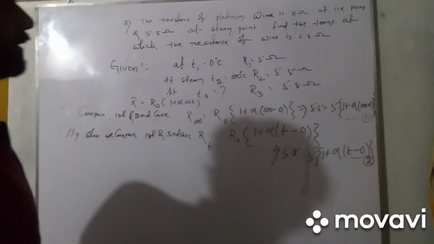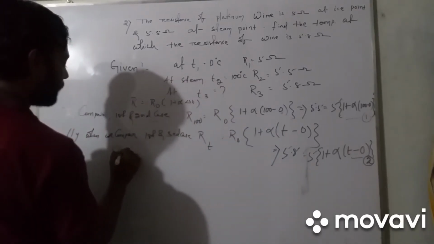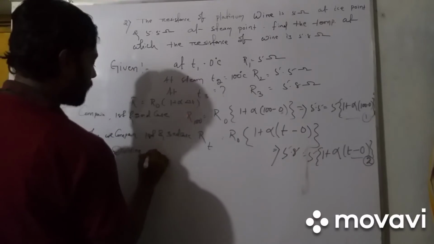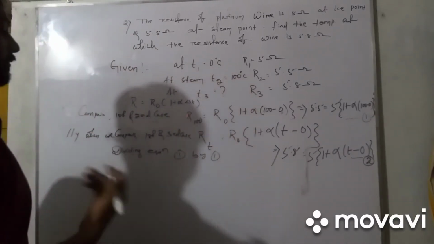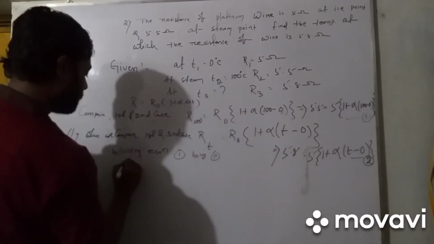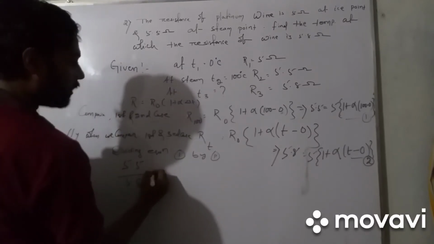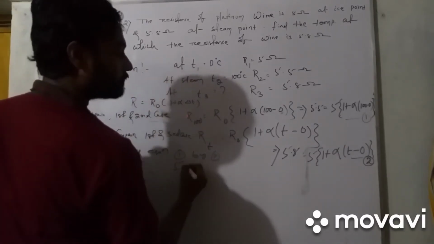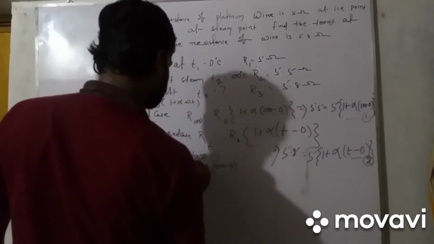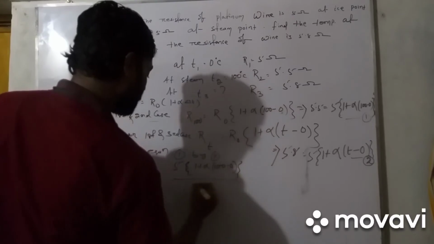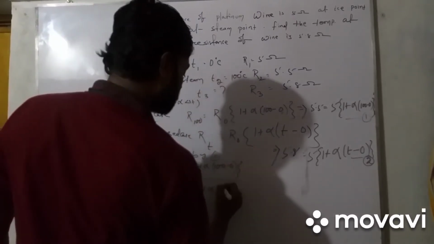So dividing equation 1 by 2, that is 5.5 by 5.8 which is equal to 5 into 1 plus alpha 100 minus 0 divided by 5 into 1 plus alpha T minus 0.